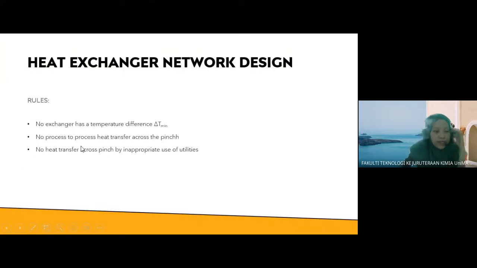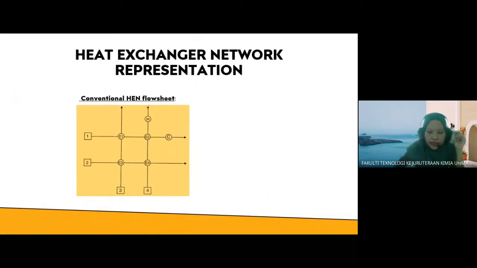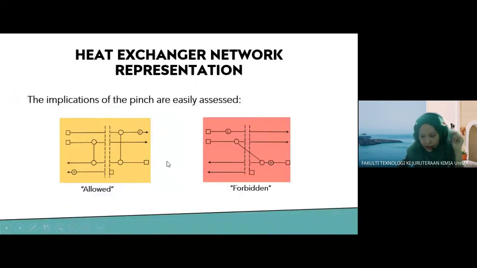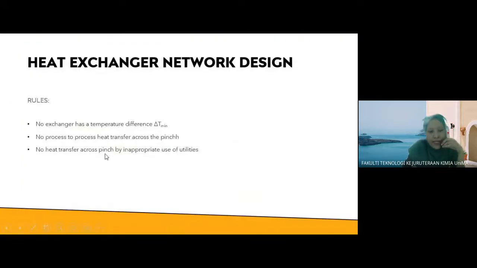Right, so the rule is no exchanger has a temperature difference less than delta T min. Okay, previously last week we already learned this. Okay, no process to process heat transfer across the pinch. The one just now, no heat transfer between process to process across the pinch. Okay, and no heat transfer across pinch by inappropriate use of utilities.